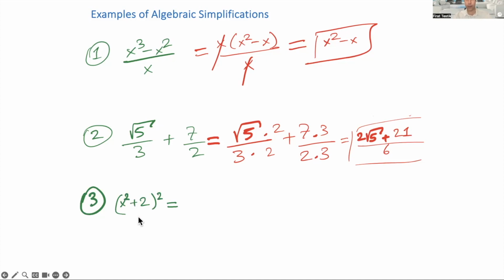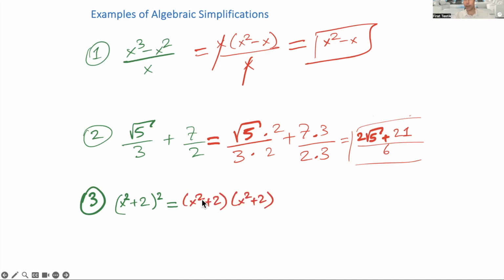Now, as a third example, consider that we have (x squared plus 2) to the power 2. So now our exponential function is such. Our base is this function, x squared plus 2. Since this is squared, we can write it as the multiplication of (x squared plus 2) times (x squared plus 2). Basically, we multiply the base by itself, since it's second power.